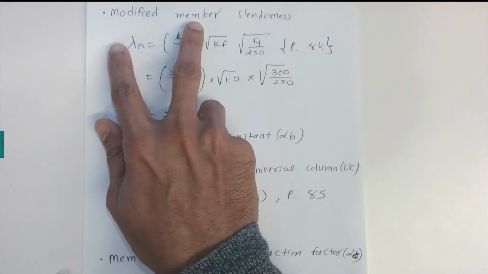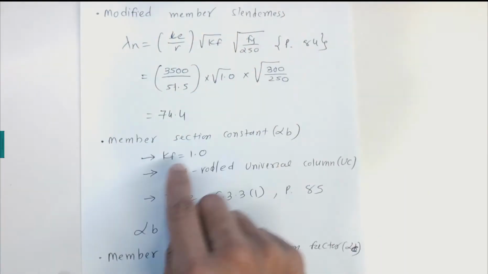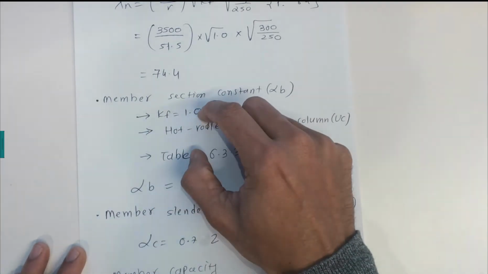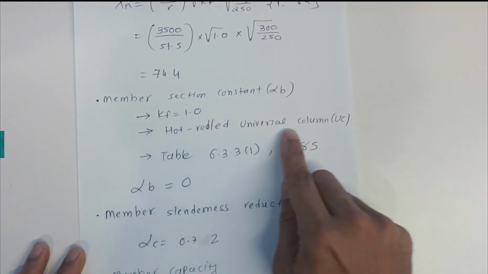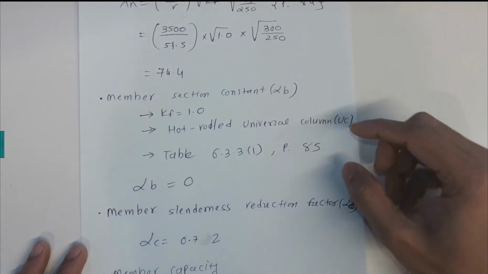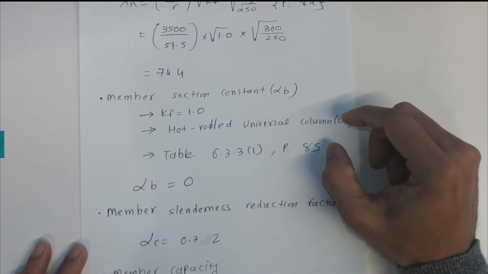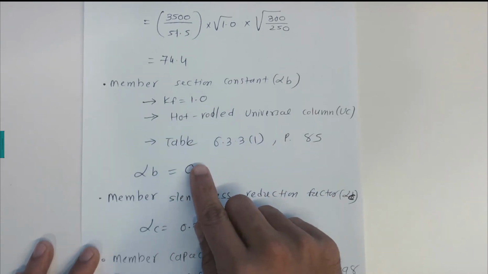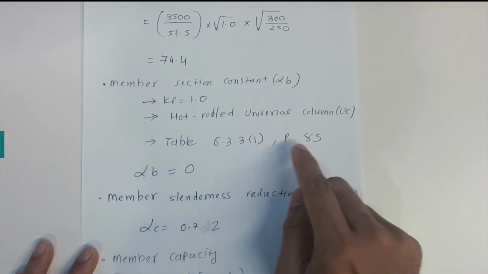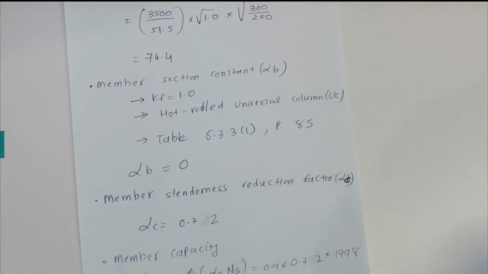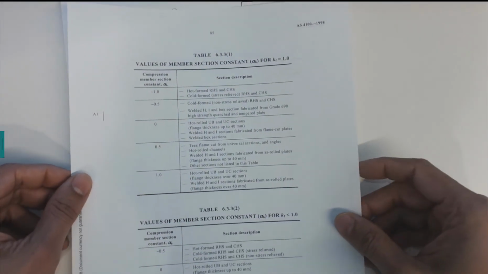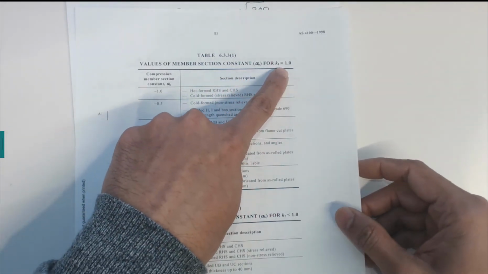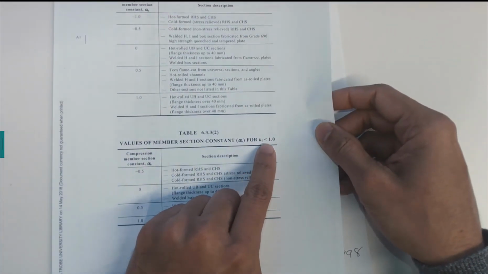After finding the modified member slenderness, we can find the member section constant alpha b. Kf is equal to 1 and the section is a hot rolled universal column, because all the OneSteel products are hot rolled. From table 6.3.3(1) on page number 85, there are two tables to find alpha b, one for kf equal to 1 and the second for kf less than 1.